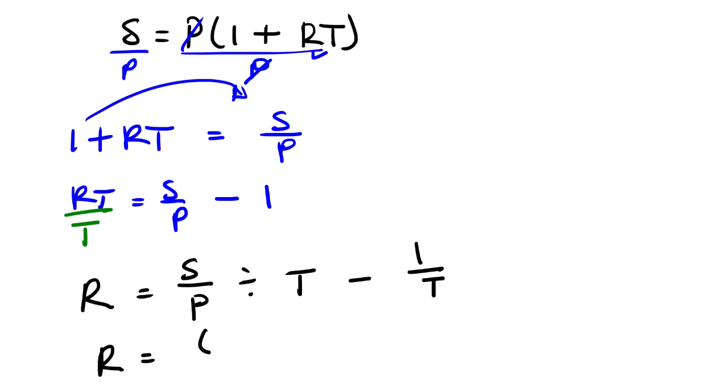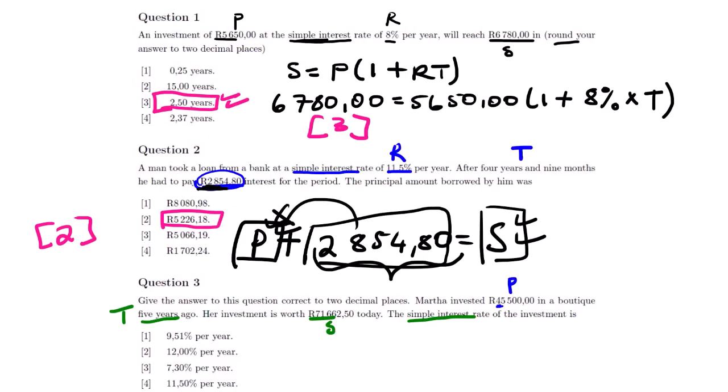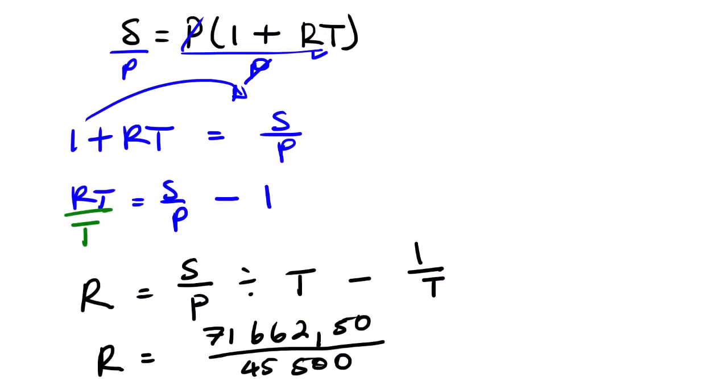So our accumulated value, we have 71,662.50 divided by the present value, 45,000. It's actually 45,500. Let me quickly verify. Yes, it's this one. And then minus 1, divided by time, which is 5 years.